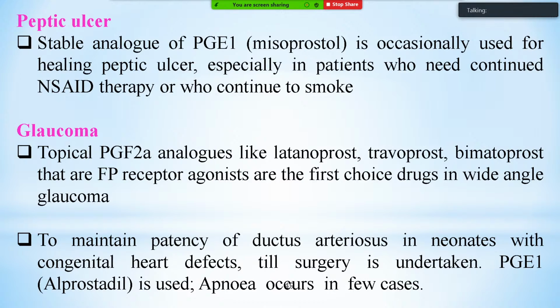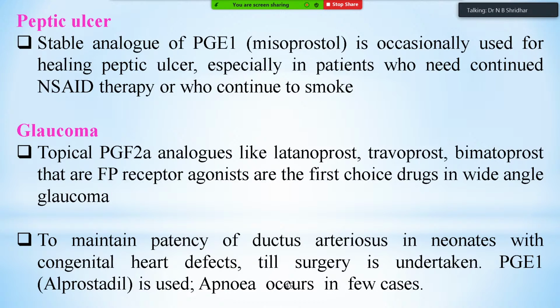And for peptic ulcers, especially, misoprostol is the stable analog of the PGE1. It is occasionally used for healing peptic ulcers, especially in patients who continue the NSAIDs. PGE1 analogs are very commonly used for the peptic ulcer healing property.